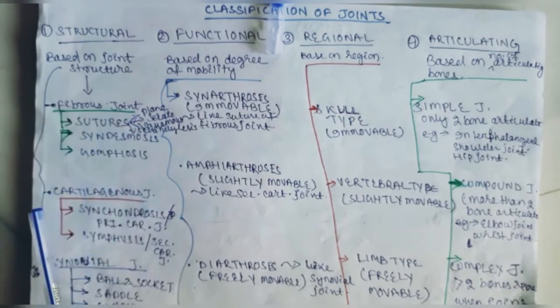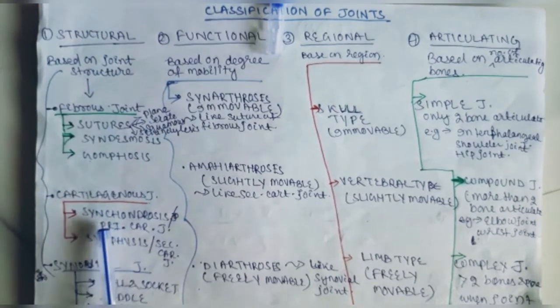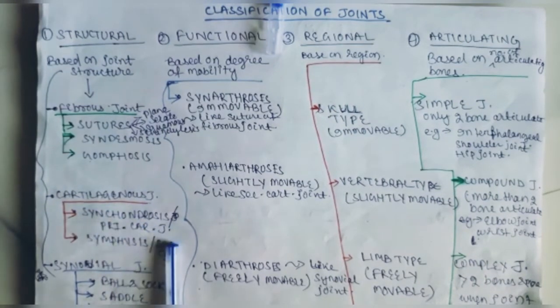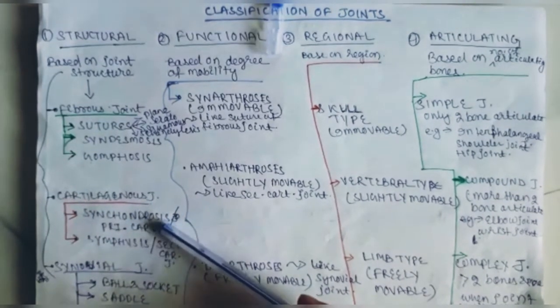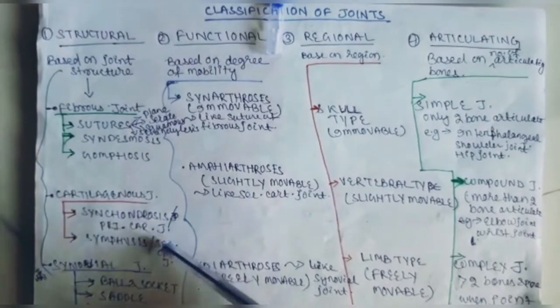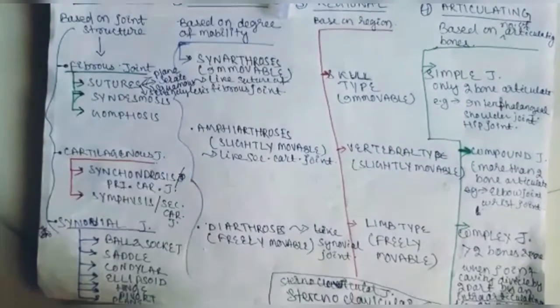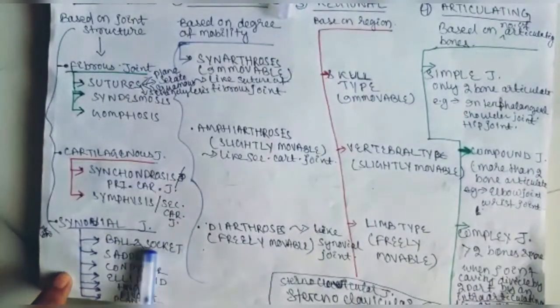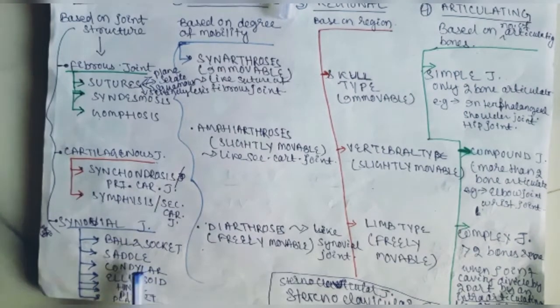Next is your cartilaginous joint. It is of two types: synchondrosis, or primary cartilaginous joint, and symphysis, or secondary cartilaginous joint. These are all related to cartilaginous joints, which are slightly movable. Next is your synovial joint. Synovial joint contains ball and socket, saddle, condylar, ellipsoid, hinge, pivot, and plane.